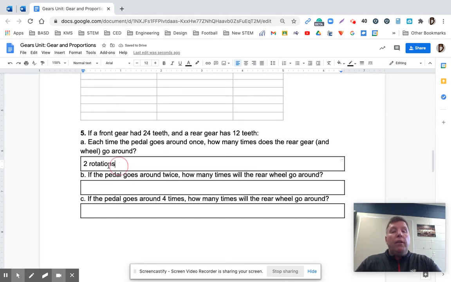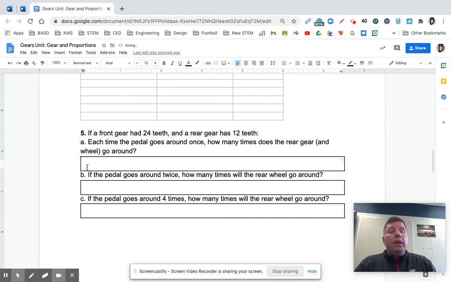So again, how did I figure that out? The front gear has 24 teeth. Back gear has 12. 12 goes into 24 twice. That means every time this big gear goes around once, this smaller gear is going to go around twice.